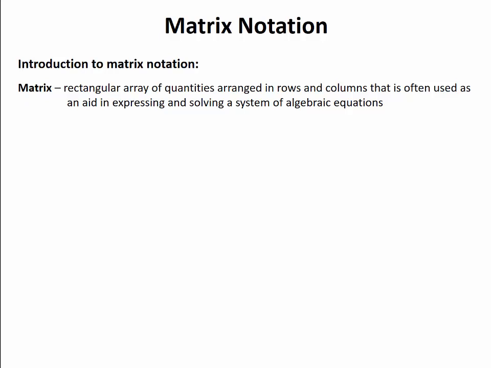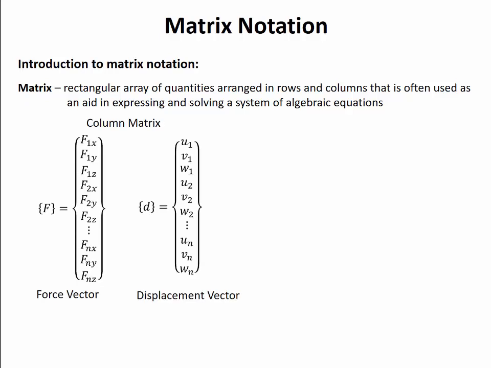Now we say it's a rectangular array of quantities. Sometimes we can have a very special type of matrix, and that would be one that has a single column. If it has one column, we'd call that a column matrix, and it looks something like these.